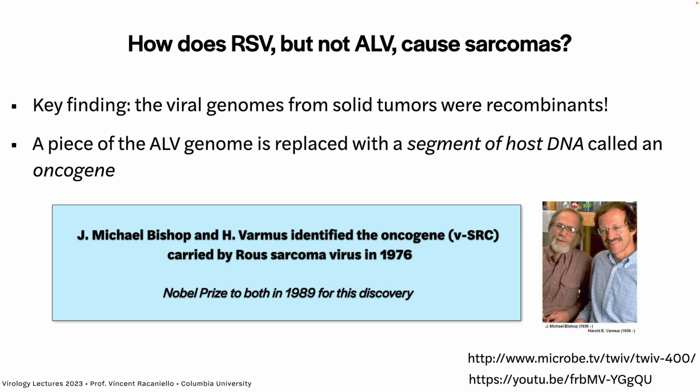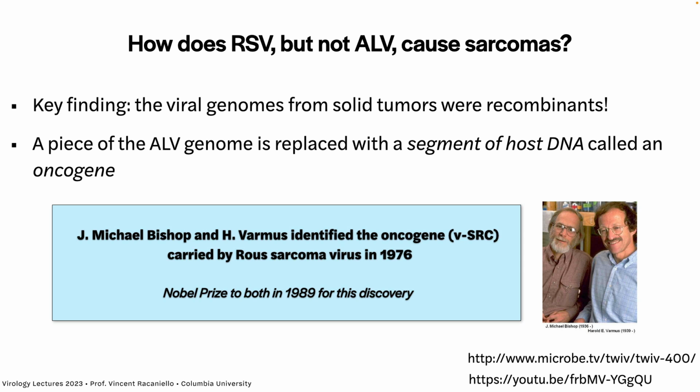They found that a piece of the ALV genome is replaced with a piece of host DNA, which was called an oncogene because it lets the virus cause tumors. So the oncogene they called v-src, src for the kind of tumor, sarcoma, that it causes. They did that in 1976. They got the Nobel Prize in 1989.